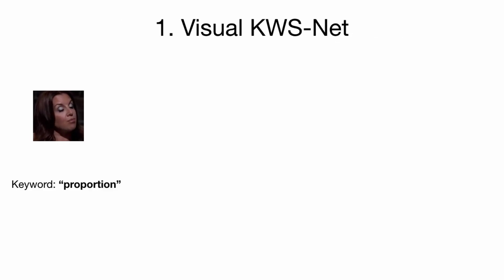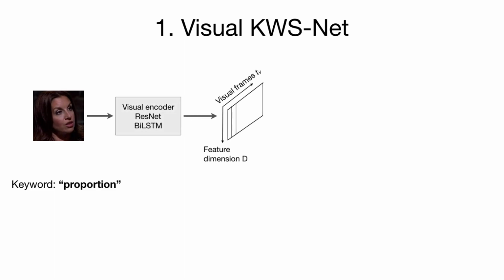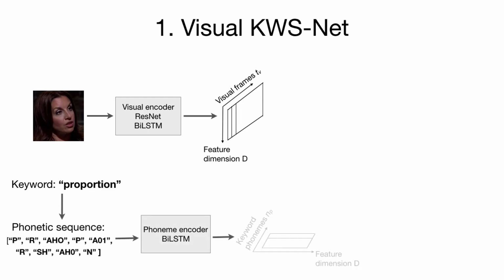Let's take a closer look at the visual keyword spotting architecture. A sequence of frames of a talking face are encoded with a ResNet-based architecture followed by a BiLSTM. The phonetic sequence corresponding to the keyword is inputted to a BiLSTM phoneme encoder.